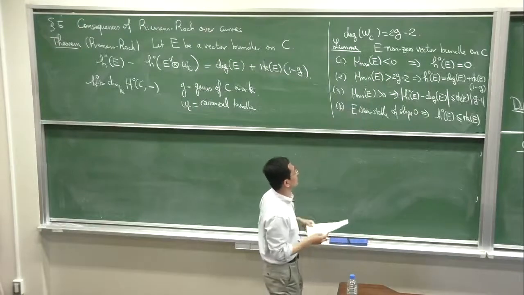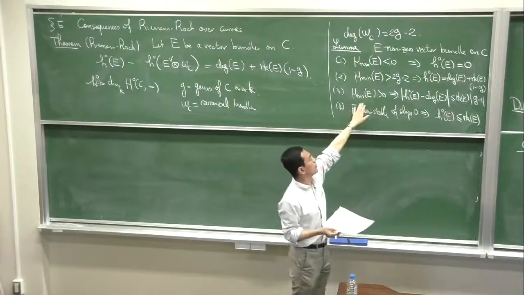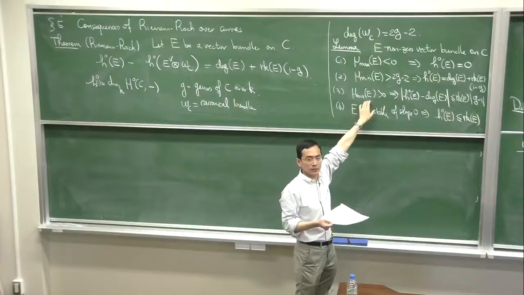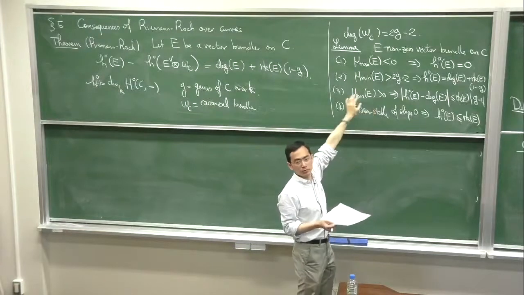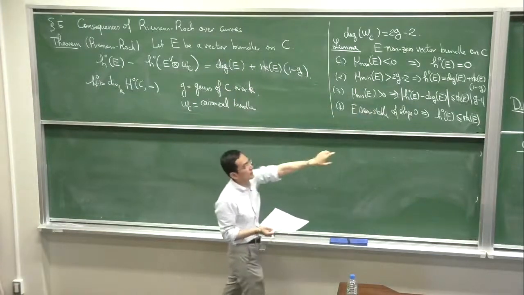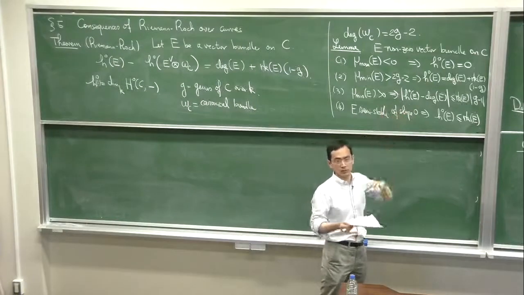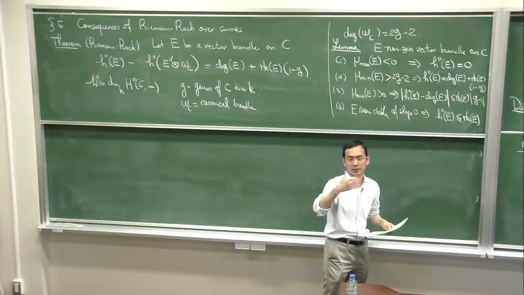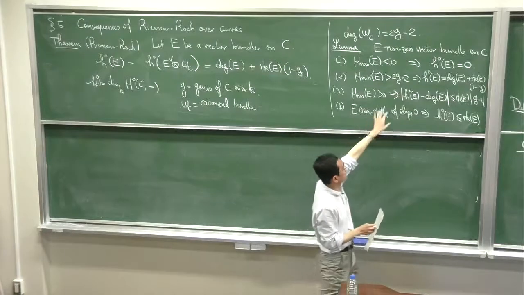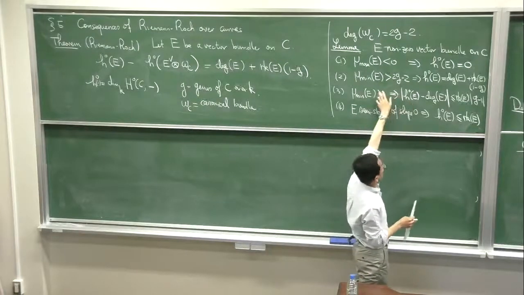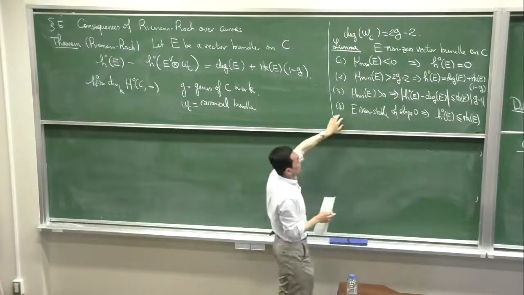And for the third statement, you need to do some modification of your vector bundle, but the price to pay is that you would not have the equality, but rather an inequality. So you need to twist E by some line bundle to obtain this inequality, of course by using this one.